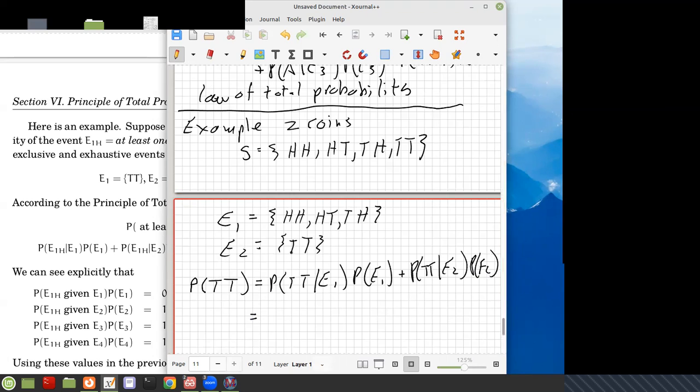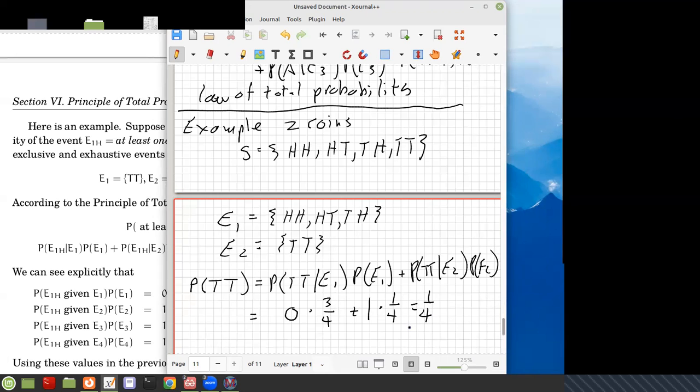Okay, well, looking at each one of these, what's the probability that you get two tails in the case of event 1? Well, that's going to be 0 because 2 tails is not in that event, times 3/4, plus the probability that TT occurs given event 2 occurs. Well, that's 1 because it absolutely occurred, times the probability event 2 occurs, which is 1/4, which equals 1/4.